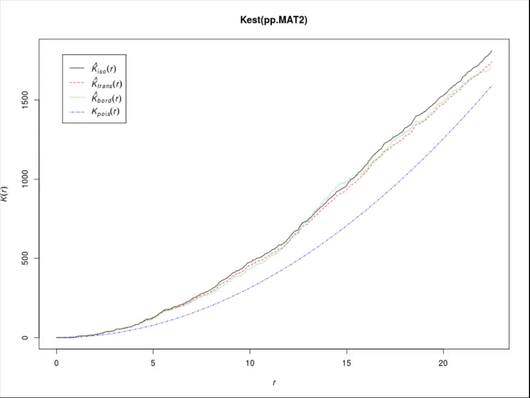Again, this blue line is our expected value for random, and above that we have our K values. This is the proportion of points we're finding with distance from any given point, and that is higher than what we'd expect for random, so it's clustered.